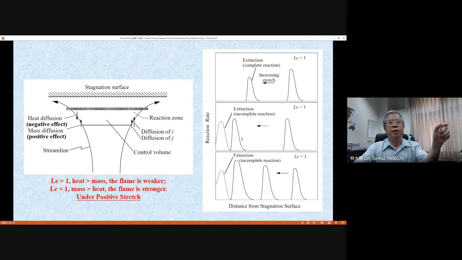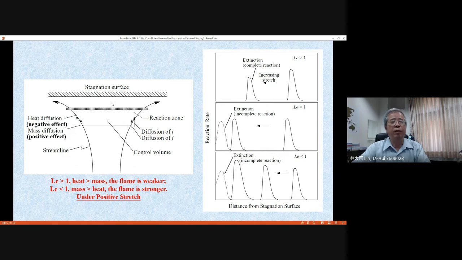When this flame gets closer and even touches this plate, it will have a very strong heat loss, and you will see some region is broken because there is no room to finish the chemical reaction. Now you may suppress the burning intensity in this region. Then finally there will be extinction, and this extinction basically comes from the heat loss or incomplete combustion for the stagnation point flow.